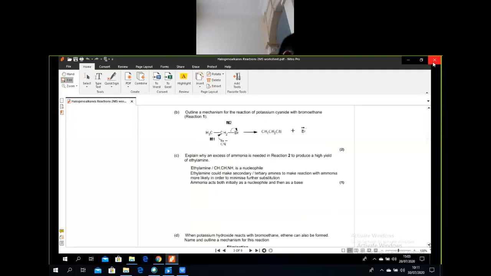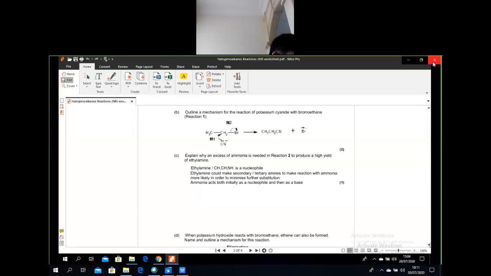Cyanide acts as the nucleophile. C. Explain why an excess of ammonia is needed in the reaction to produce a high yield of ethylamine. Ethylamine is a nucleophile. Ethylamine could make secondary or tertiary amines by reacting with bromoethane.